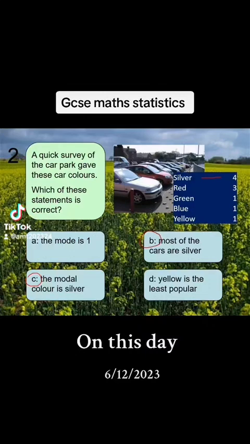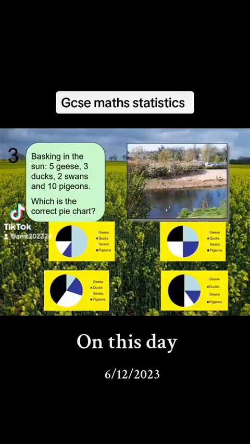Okay, question number 3, basking in the sun, 5 geese, 3 ducks, 2 swans and 10 pigeons. Which is the correct pie chart? Pigeons appears the most, so it can't be that one. Pigeons is in black.